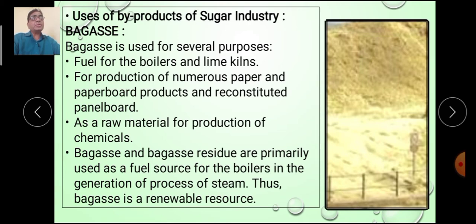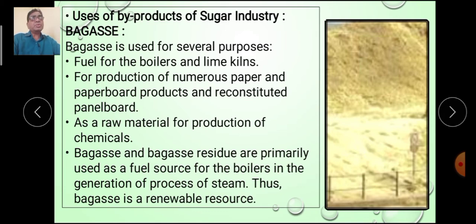Therefore some sugar industries are making panels from the byproduct bagasse. Bagasse is an important raw material for the production of chemicals. And finally bagasse and its residue are used as a fuel source for boilers in the generation of steam.